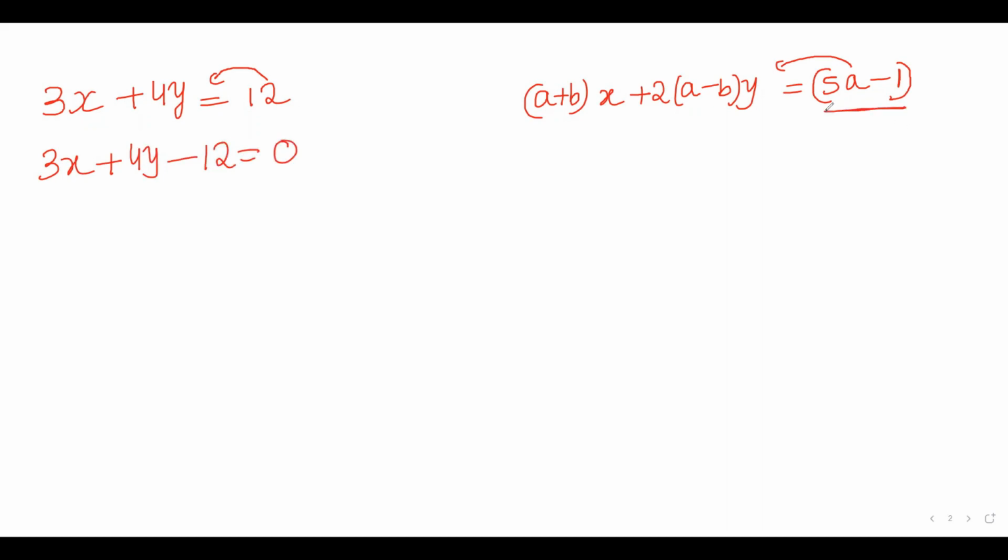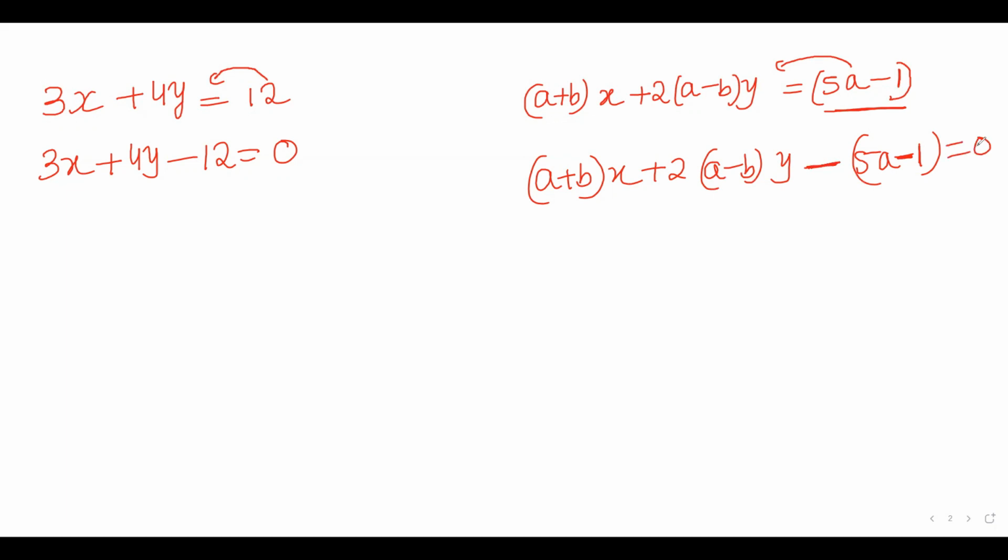This whole thing is considered as a constant, so when I transpose, it will become 5a minus 1. Here we used to have a plus sign. On transposing, that plus will become minus. Inside the bracket, the sign will not change. This minus remains minus only. This whole sign will change.